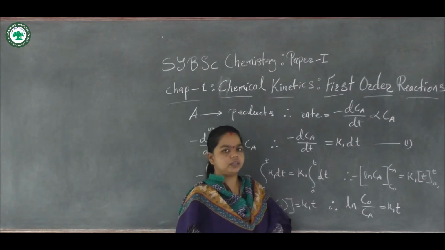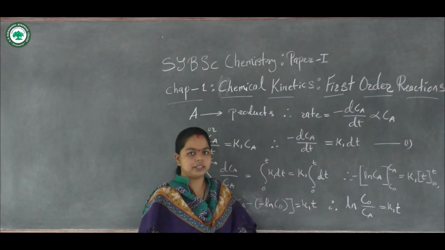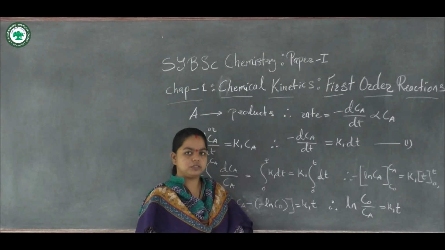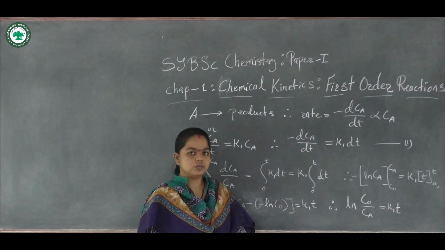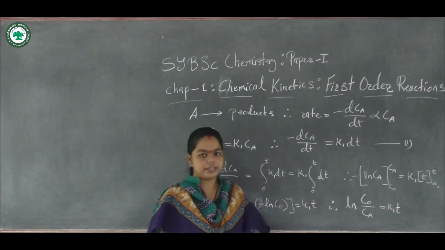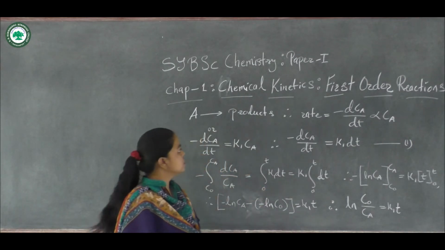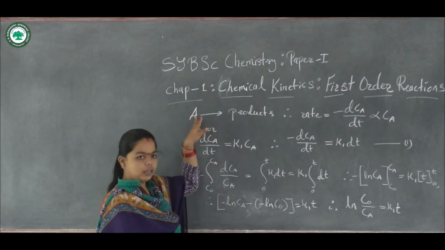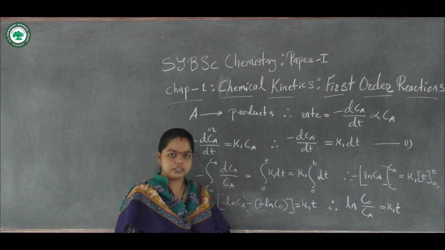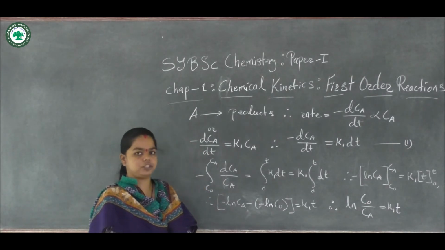For that we have to obtain the mathematical expression for the first order reaction. So we consider the general reaction: A gives the product. A is the reactant that will give the product. This is the general reaction.